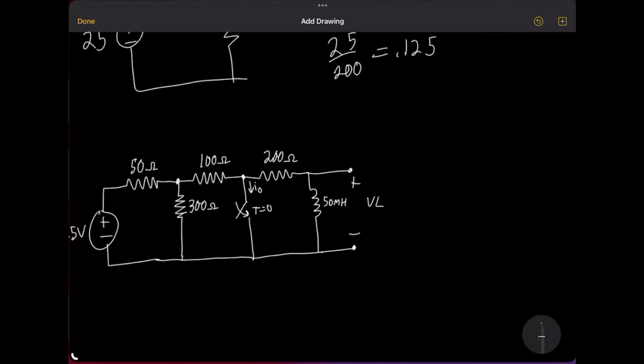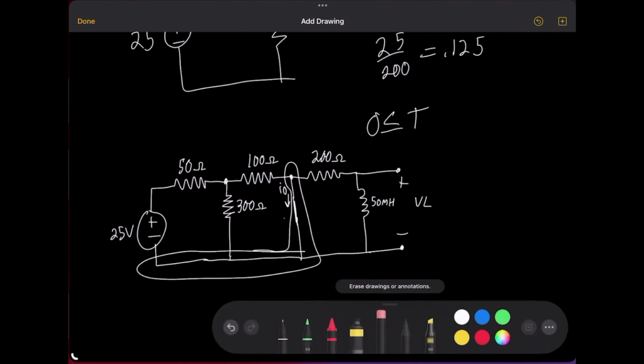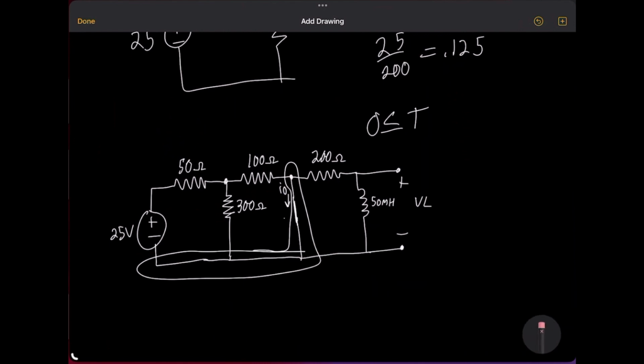And then we're going to solve for after 0, which is going to be our transient state, when the inductor value will be constantly changing, since now it's not being supplied by that voltage source anymore, because no voltage is passing to that right side. If you were to do nodal, this whole thing will be grounded. And that means that it's just going to go there. So really you have two separate circuits, this one and the one on the left.